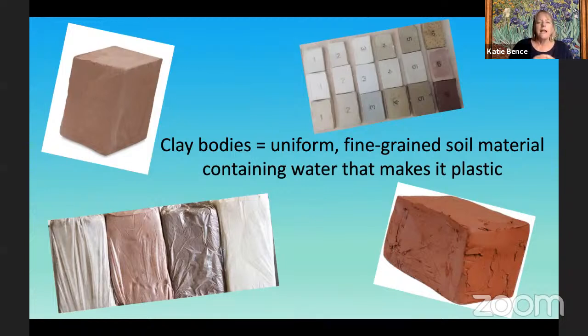Some clay bodies are naturally occurring deposits of this fine-grained soil material near sources of water. Others are man-made by mining rocks and pulverizing them to a very fine dust and kneading in water, much like making bread dough.